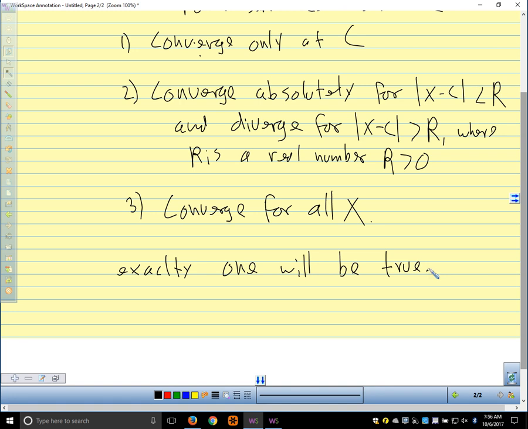All right, so we call this value r the radius of convergence.